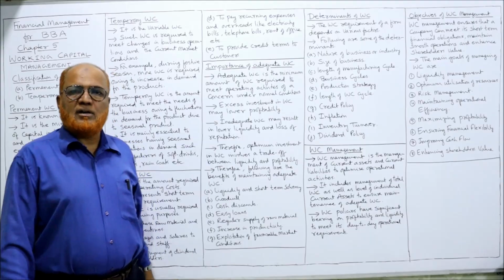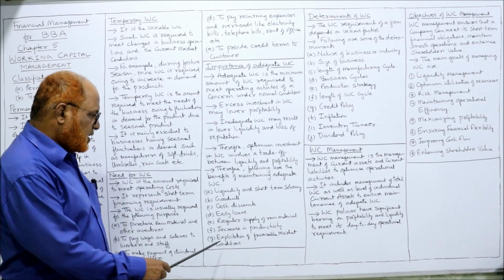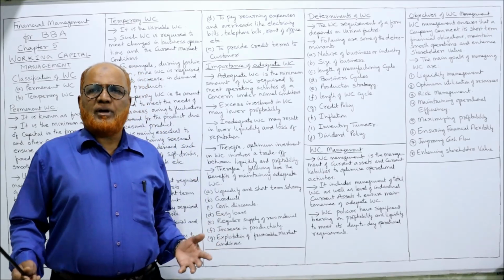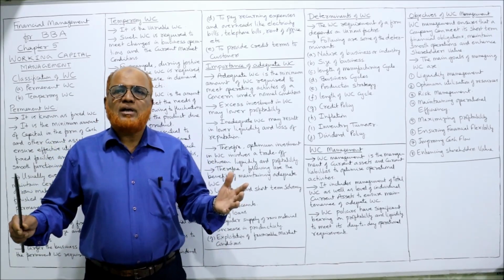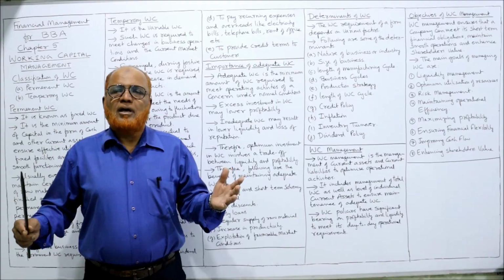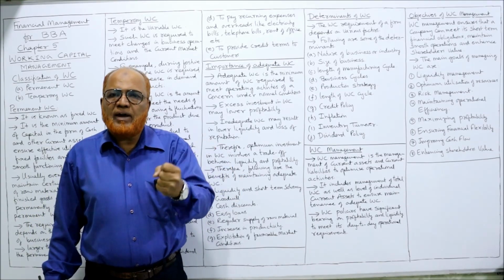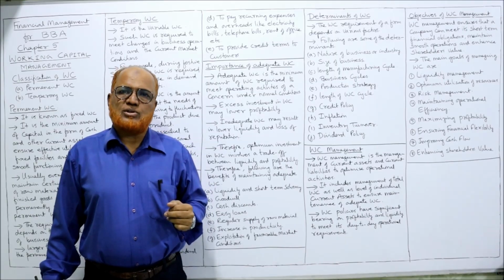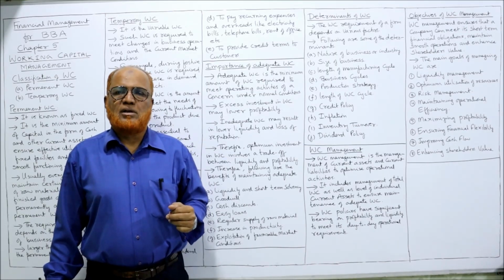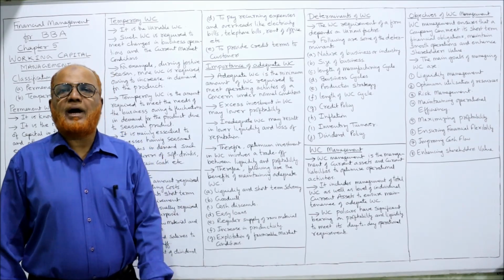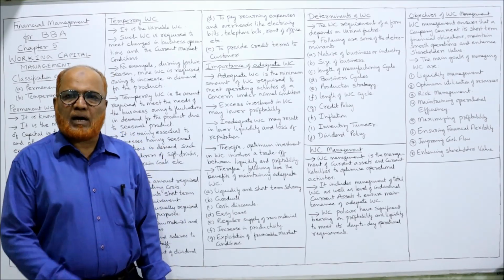So productivity will increase, production will increase. Next, exploitation of favorable market conditions. The market is very dynamic. There are many opportunities coming up in the market. If you have sufficient working capital, you can avail the market conditions, market opportunities. So these are the benefits if you keep adequate working capital.